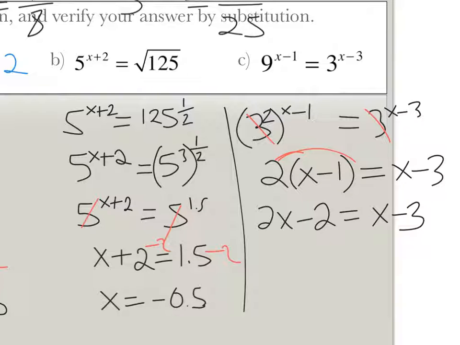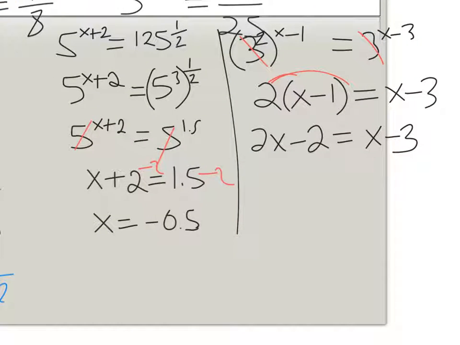Move everything to one side, or you can think of it as moving all the x's onto one side and all the numbers onto the other. Whatever method works for you. At this point, though, you do want to combine those x's for sure. So taking away an x from both sides would work well. If I take away an x from both sides, I get x minus 2 equals negative 3. And then it's pretty obvious.